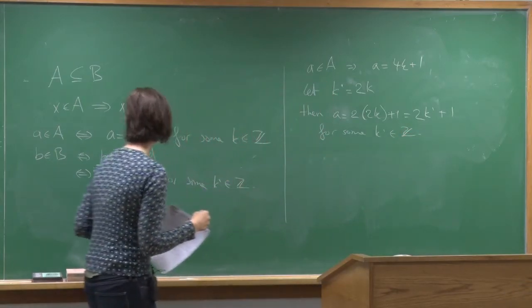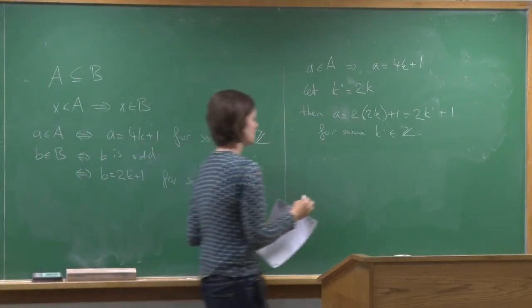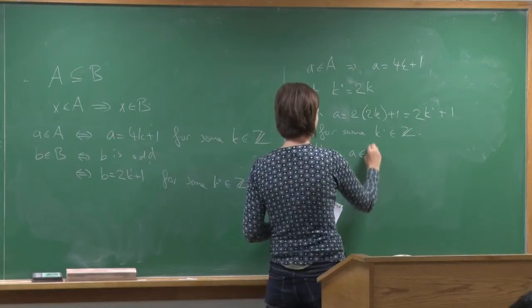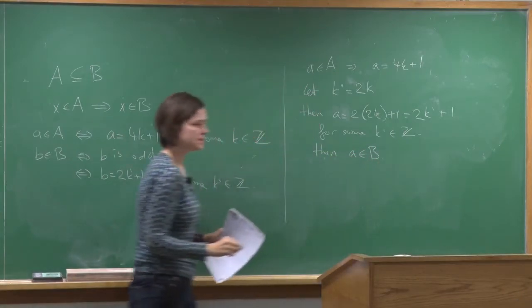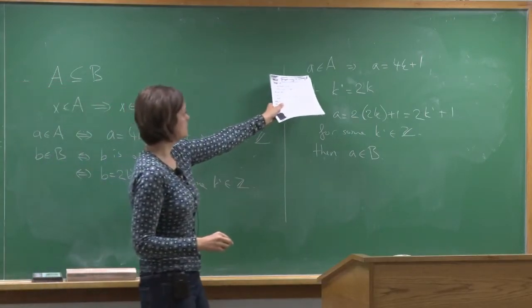But of course now it fits the definition of elements that are in B, right? So then a is in B, which concludes our proof. Because we set this for general a, right? This was true for any a.